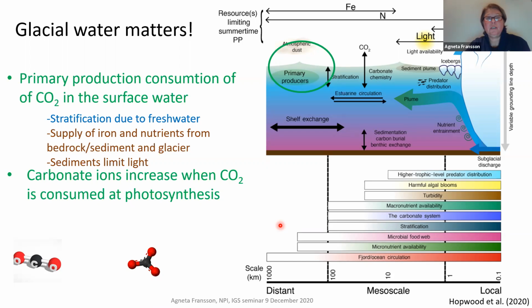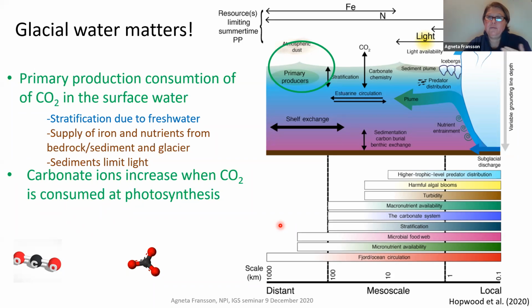And primary production is dependent on stratification of the surface water, which you get from the meltwater, but also from the supply of iron and nutrients from the minerals, from the bedrock, from the sediments and from these particles.